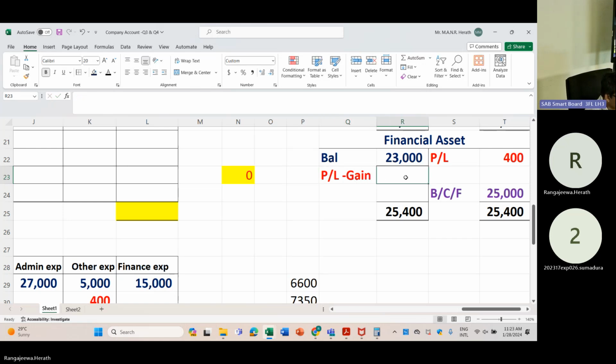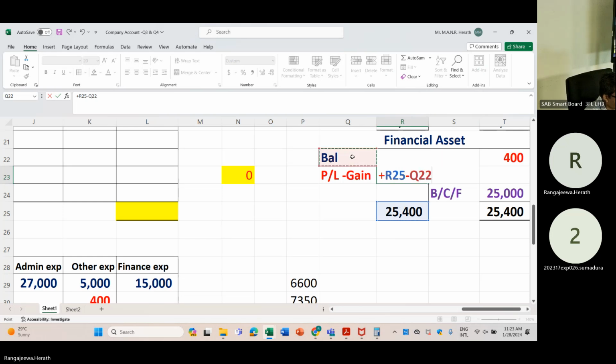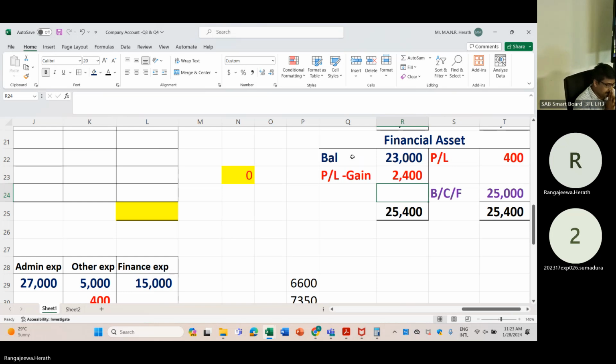Gain on fair value change. Gain on fair value change 2,400.